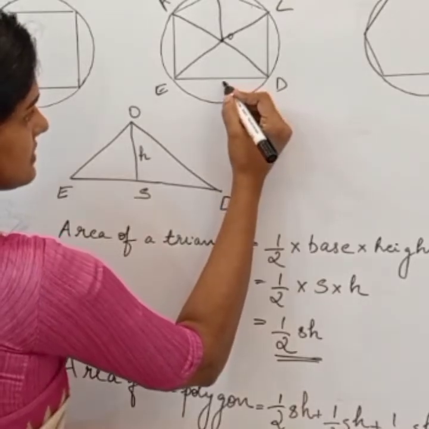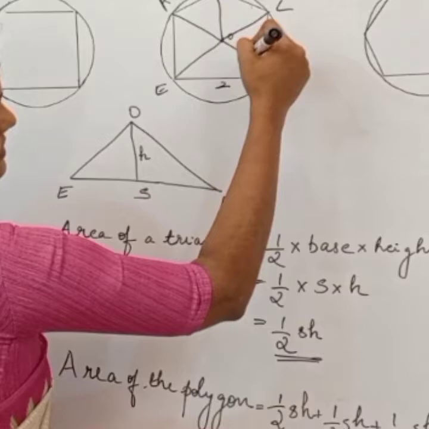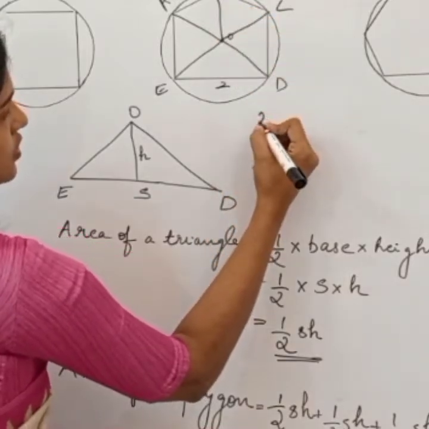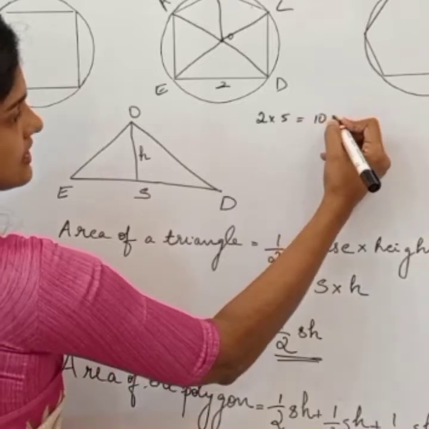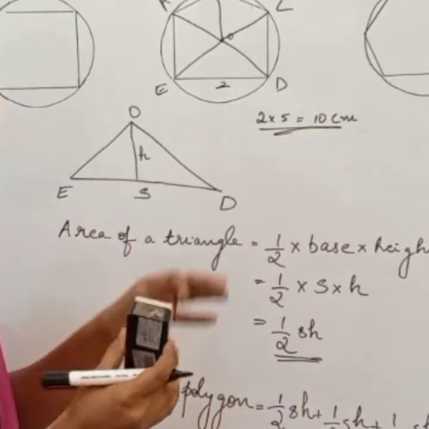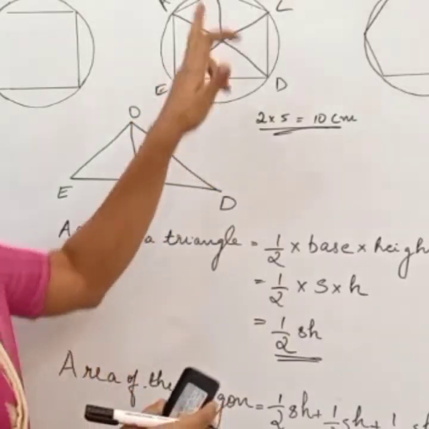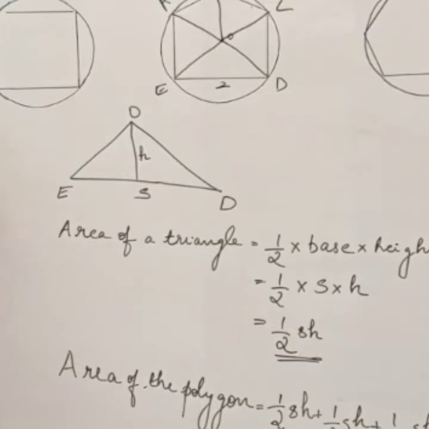If one of the sides is 2 centimeters, then the polygon's perimeter is given by 2 multiplied by 5, that is 10 centimeters, right? That is, we multiply the length of one of its sides by the number of sides of the polygon, right?